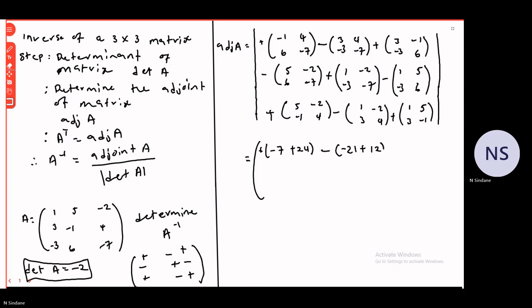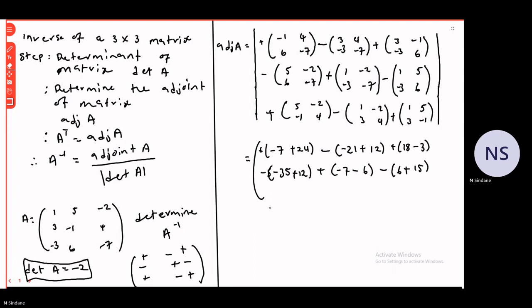Then plus into 18 minus 3, and then minus into 35, which is negative 35, plus 12. Then plus into negative 7, negative 6, minus into 6 plus 15.